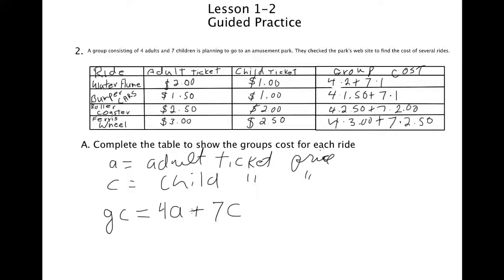So now we've got an equation with 2 variables that gives us a breakdown of the group cost for an unknown cost ride with 4 adults, 7 children, and we pull that out of the pattern we demonstrated up here.